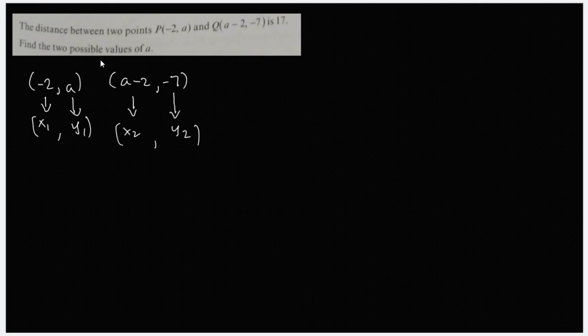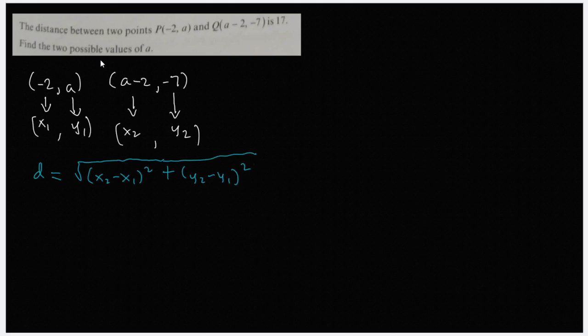Now, let's get started. Using the formula that we had in the previous video, we have d is equal to the square root of x sub 2 minus x sub 1 squared plus y sub 2 minus y sub 1 squared.